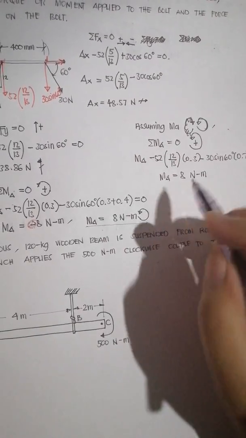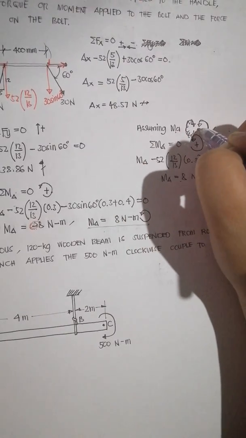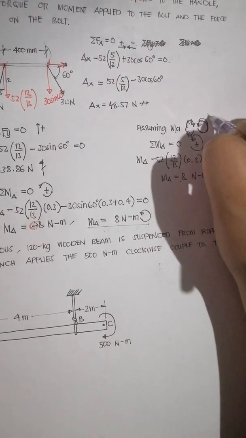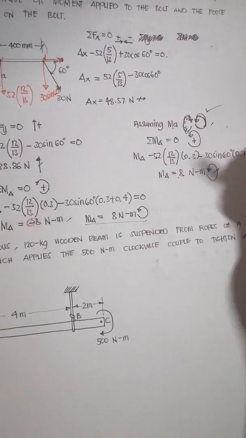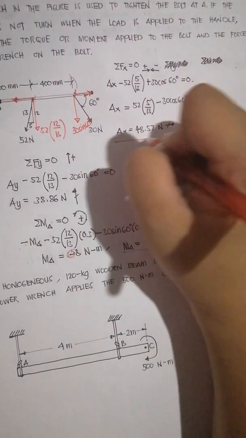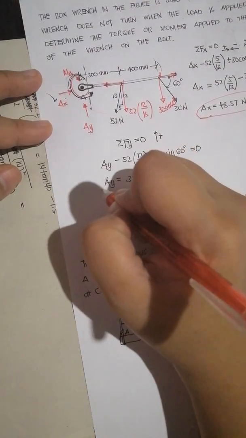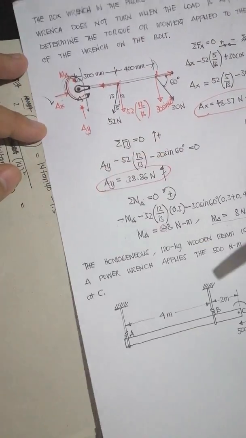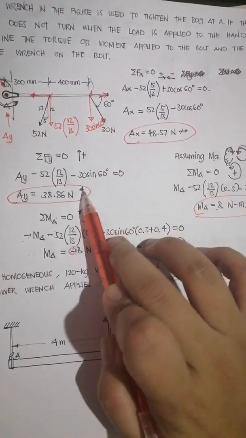Since the result is positive, your assumption wherein MA is counterclockwise is correct. So these are now what is being asked in the problem, the reactions at the support of the wrench. Always provide the direction for support reactions.